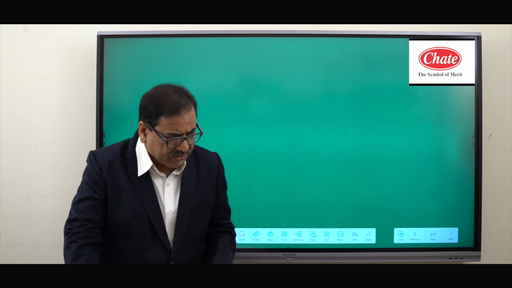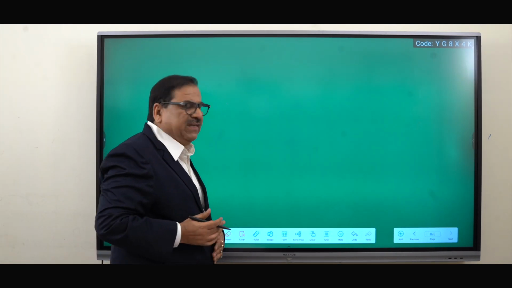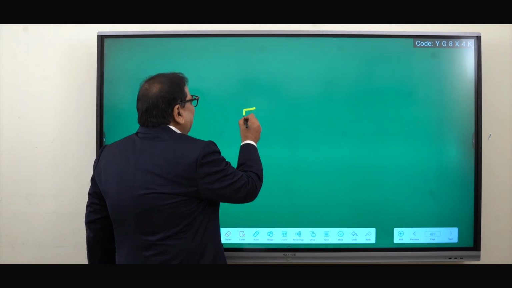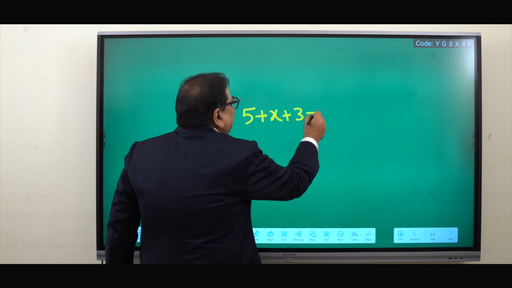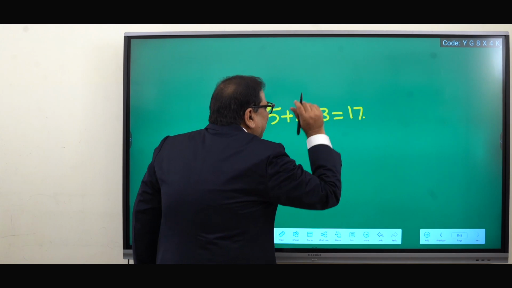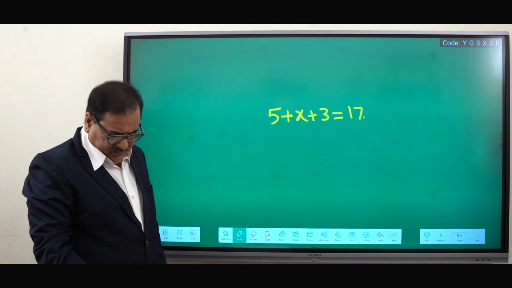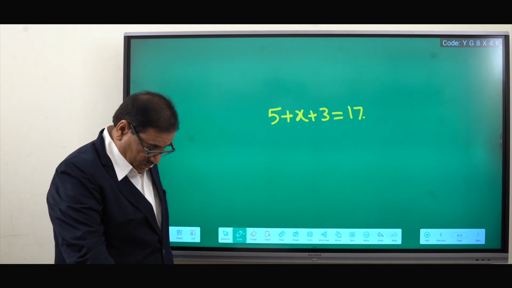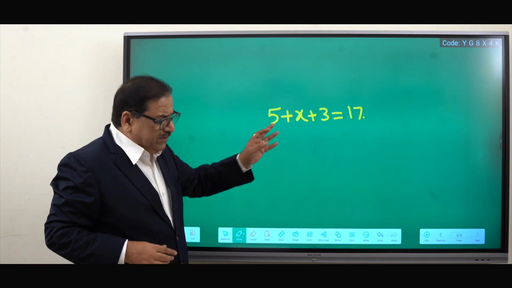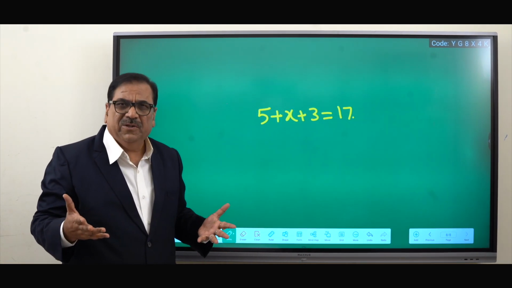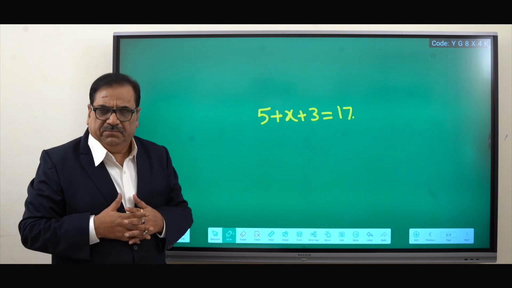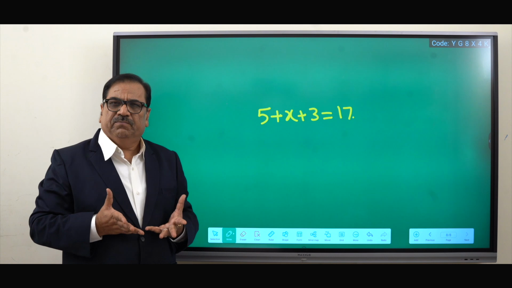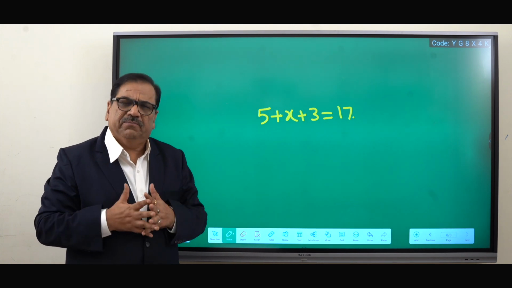Here, an equation means something like 5 plus x plus 3 is equal to 70. Here, 5 plus some unknown, that is denoted here by x, plus 3 is equal to 70.